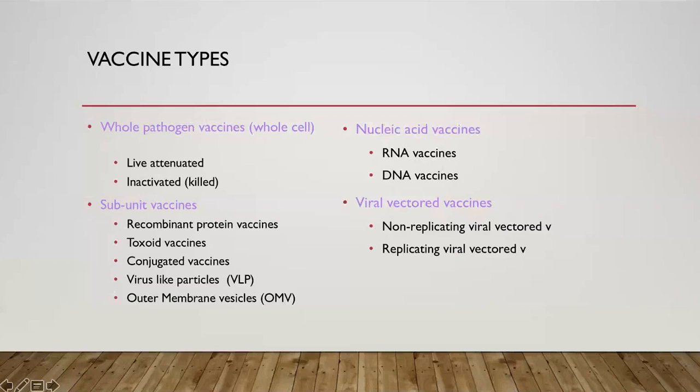Then you have the latest nucleic acid vaccines, RNA and DNA vaccines, and finally viral vectored vaccines, which can be divided as non-replicating and replicating viral vectored vaccines. So we'll take them one by one and learn about these types.